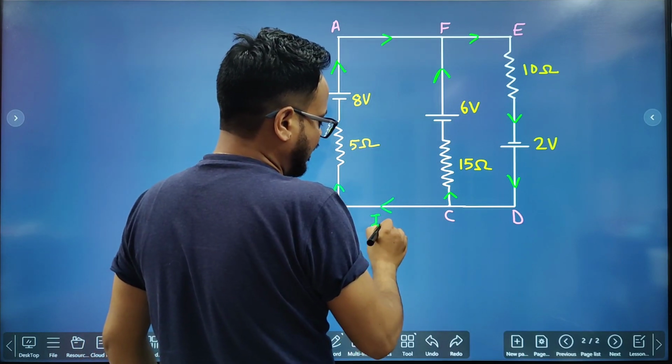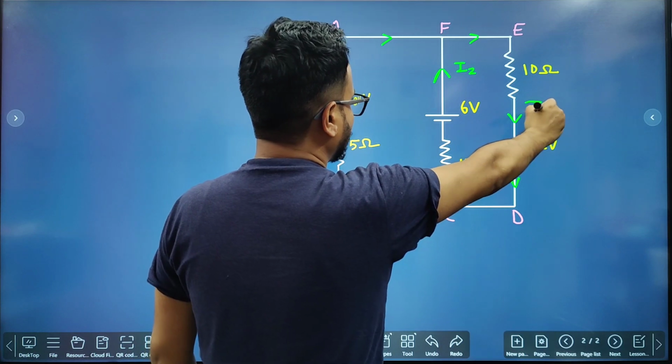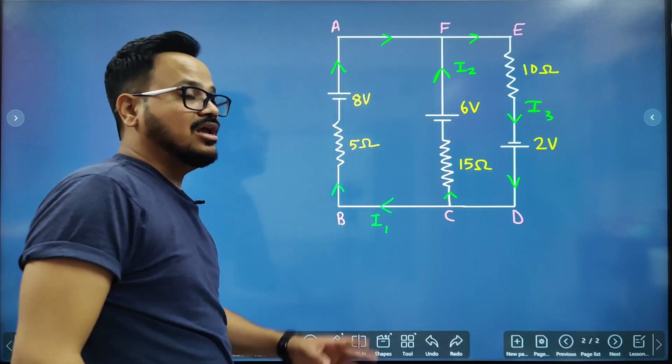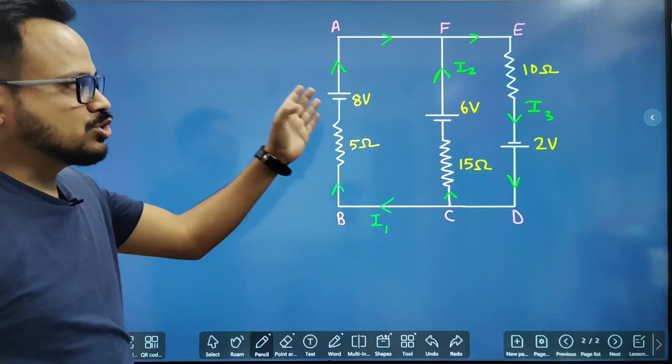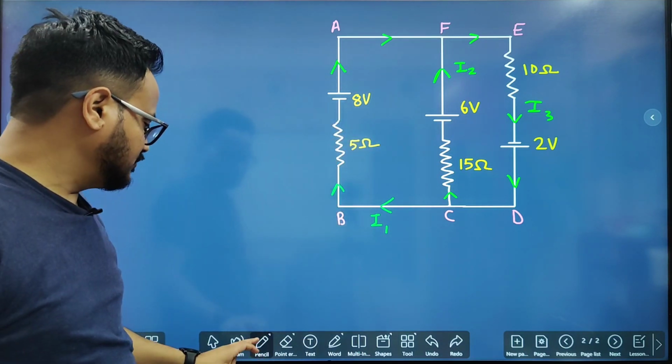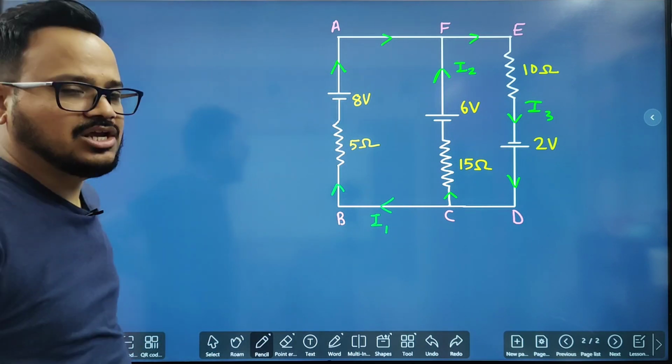Name these currents I1, I2, and I3. So there are 3 unknown variables, so we need 3 equations to solve this circuit and find the values of I1, I2 and I3.